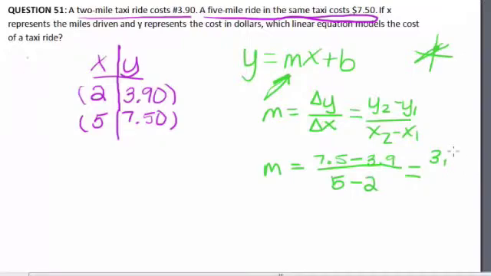Oh dear, my screen's moving. 3.6. 5 minus 2 is 3. Now, here's where I'm referencing this as kind of an evil problem. 3.6 divided by 3, if you did that on a calculator, you would get 1.2. Also known as 1 2/10.